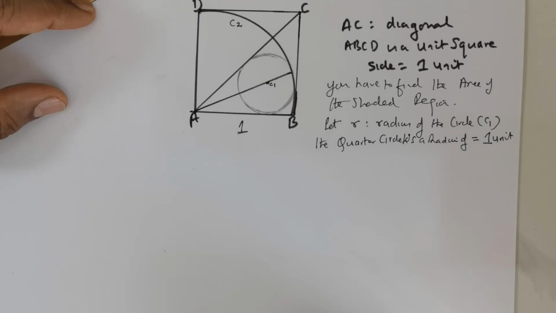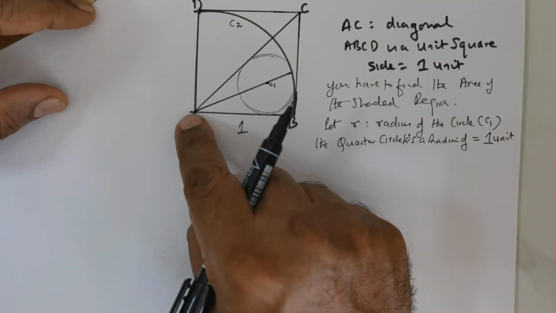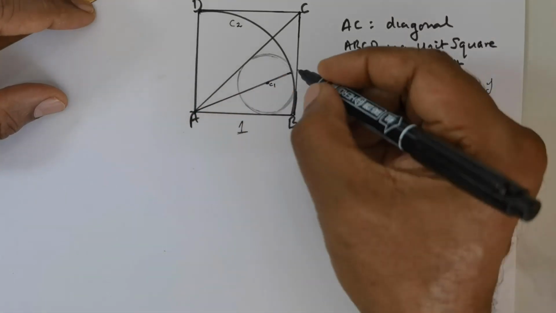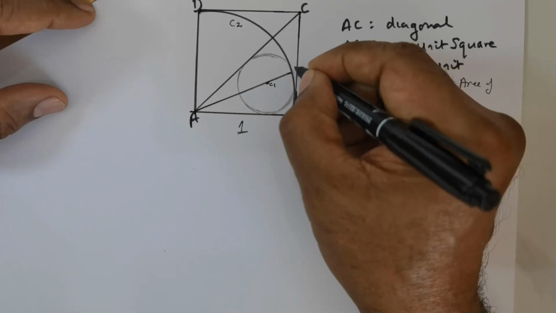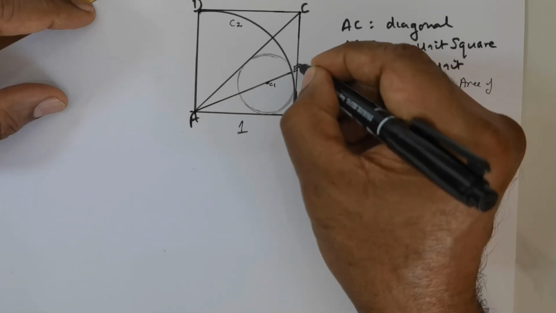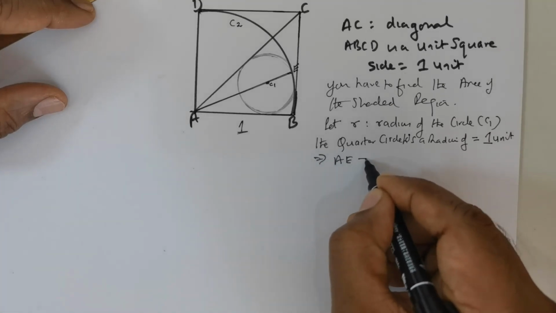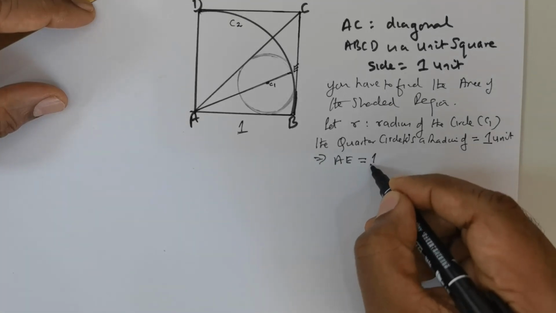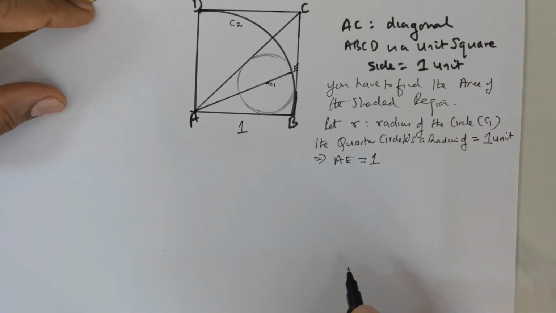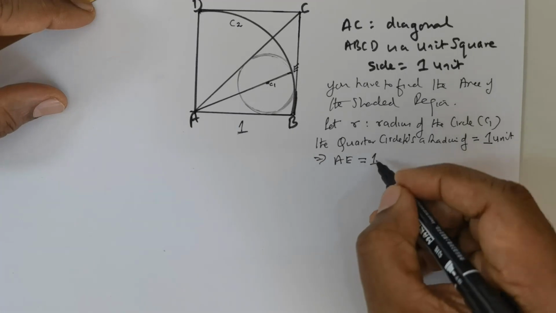That is a very important observation. So that would mean from point A to, if I were to take this to be point E, this means AE is equal to 1 unit. Now AE is 1 unit, fine.